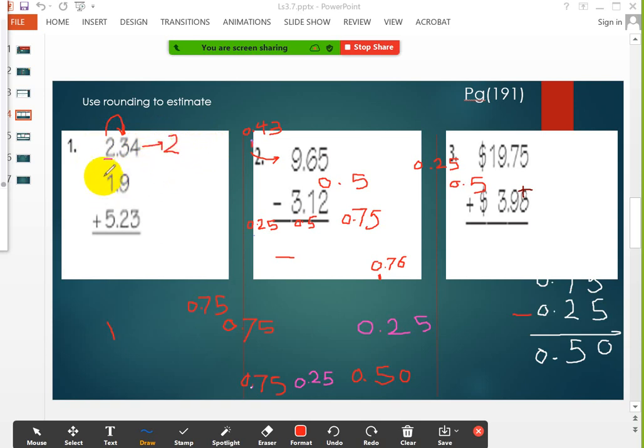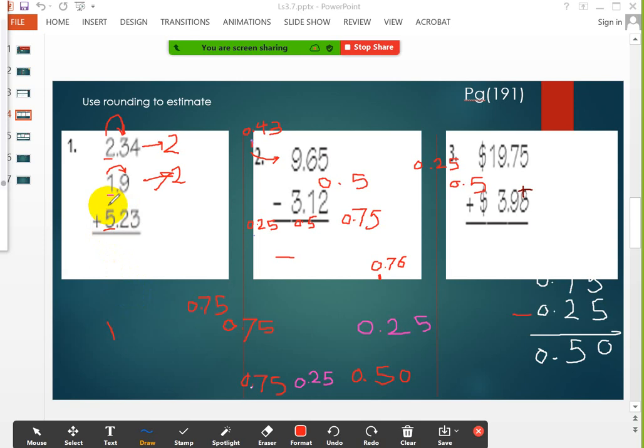Let's see, 1.9. I want to round this number to the nearest ones. Before the ones I have 9. 9 is greater than 5, so I will add 1 to the 1, it will be 2, and the digits before it will be 0. Now this number, this is the ones digit, 5.23.